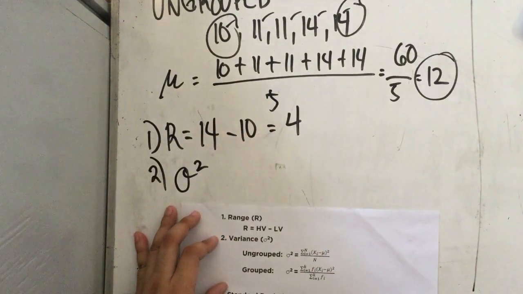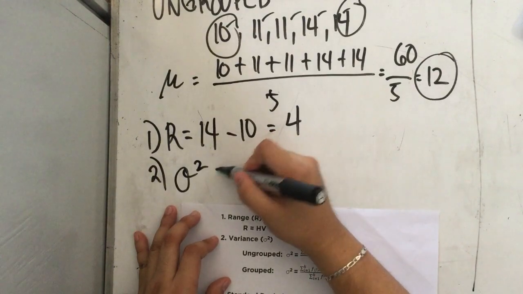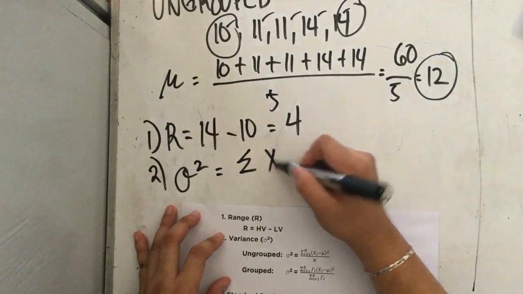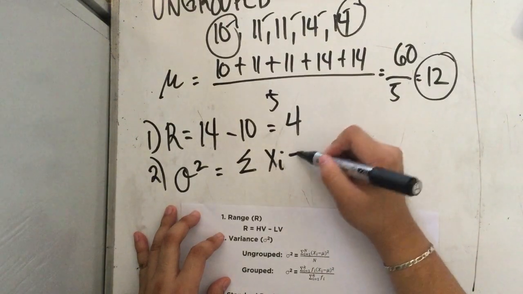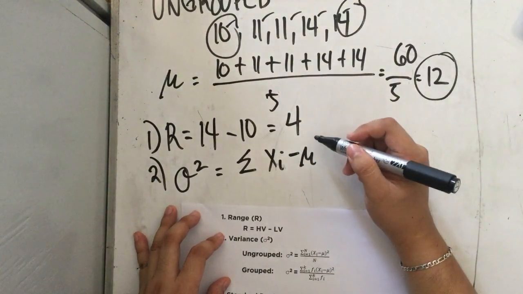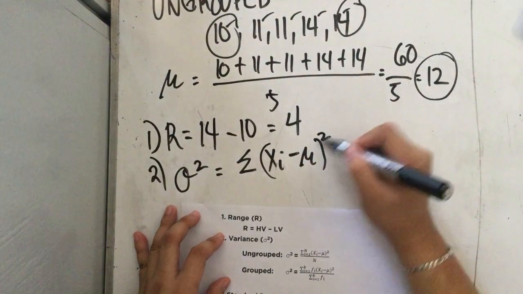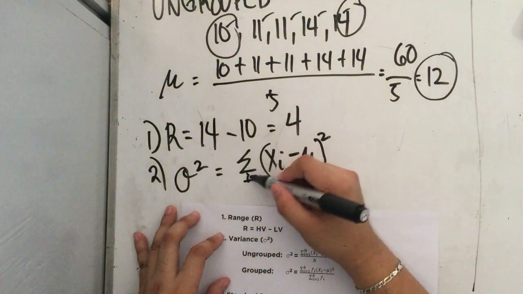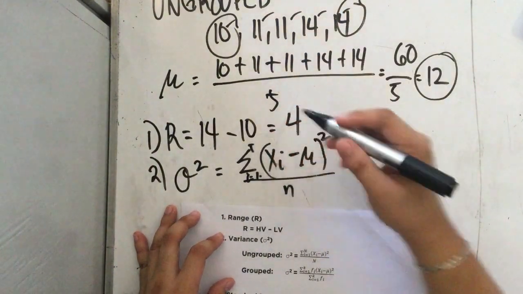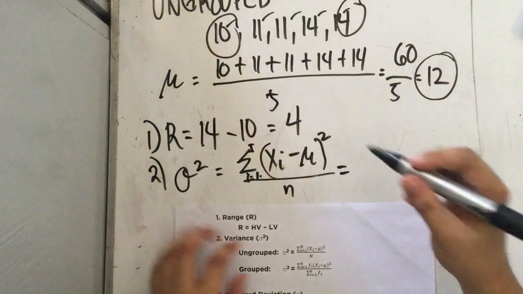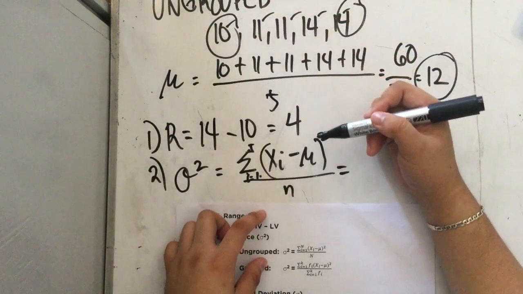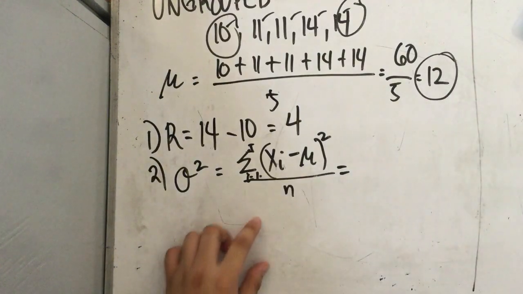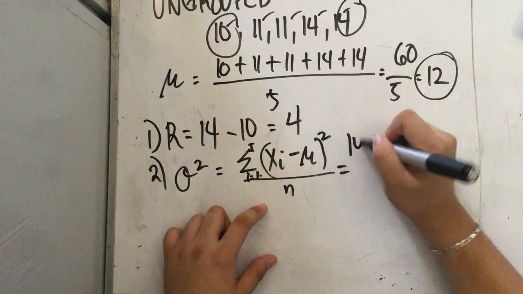Variance, denoted by the lowercase sigma square, is equal to the summation of our x sub i minus the mean, squared, over n, from 1 to 5. Okay, so to compute, kukunin natin tag-iisa yung ating data minus the mean na nakuha natin.